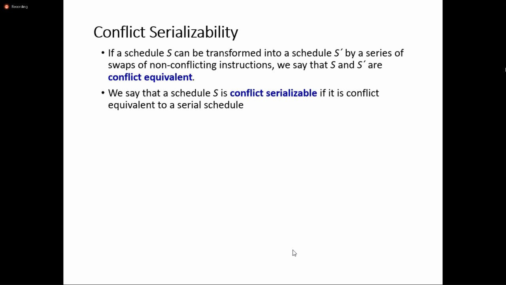Then next day we come to the schedule: recoverable schedule and cascadeless schedule. In Visual Programming there is only one lecture left, and after that it is finished. Then I will schedule that time for database programming also.